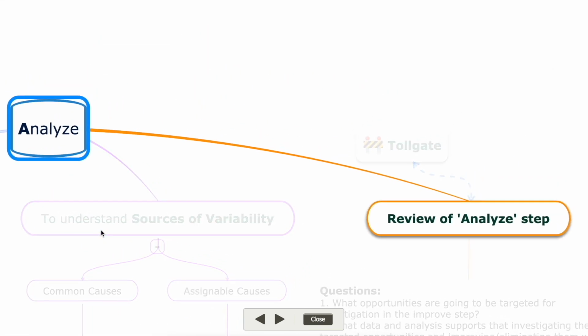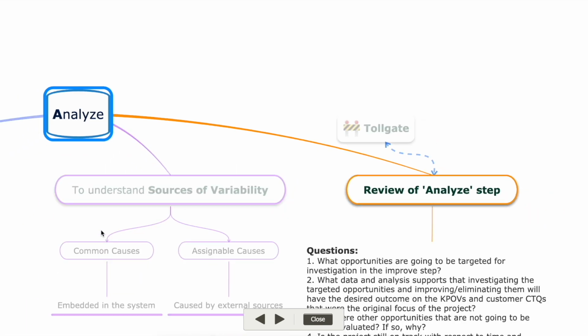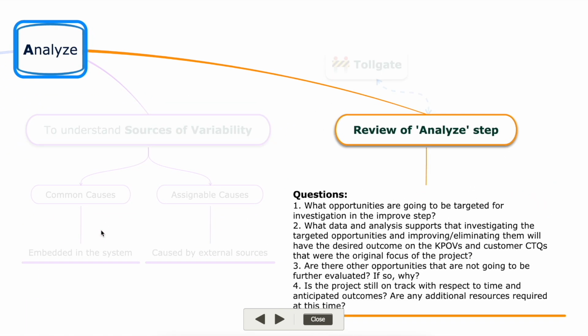At the end of this analyze step, we come to the review stage, where the project manager will review the performance of this step, whether all the objectives have been achieved or not, based on these questions: what opportunities are going to be targeted for investigation in the improve step? The improve step is the step that is after analyze. So the next step is the improve step.